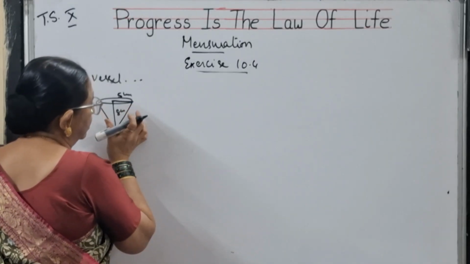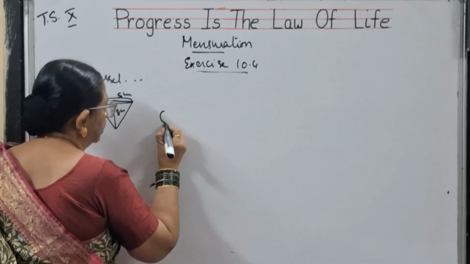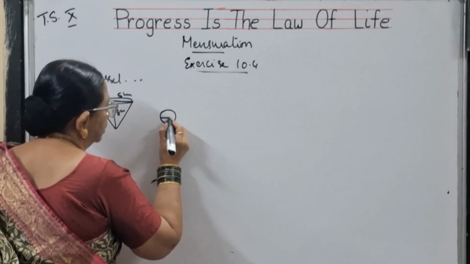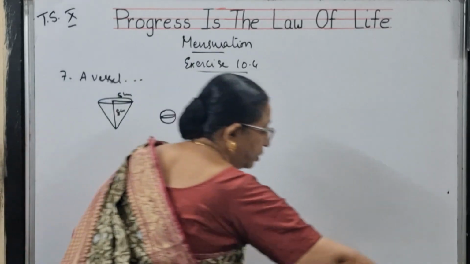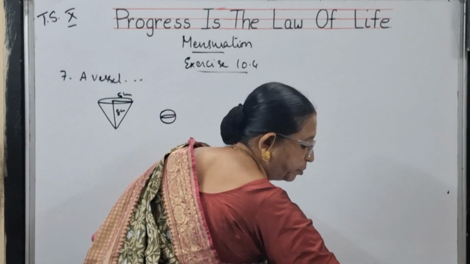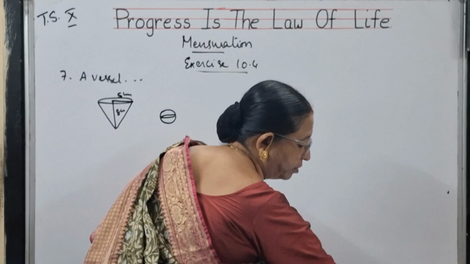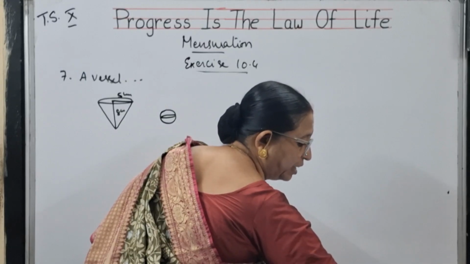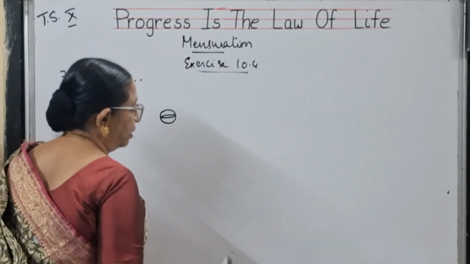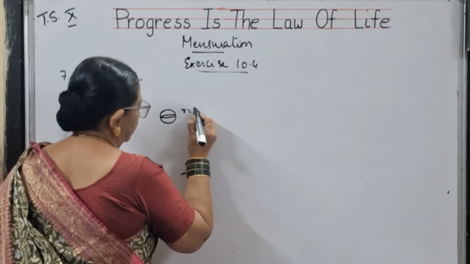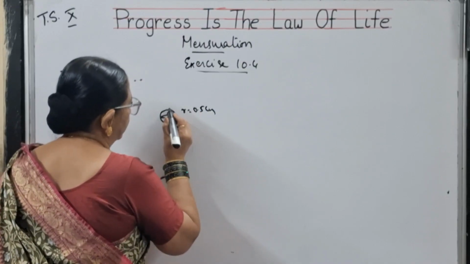And into this water they have dropped metal balls, which are nothing but lead balls. They are having radius as 0.5 centimeters. It's a radius.